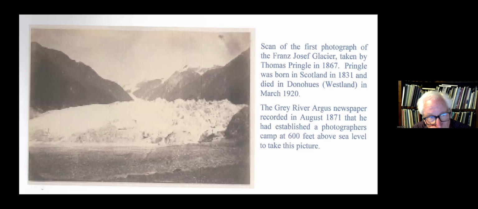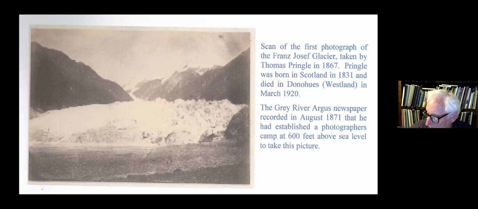This is the first view of the Franz Josef Glacier, and it is a scan. Now, you're not supposed to do scans of full size, just as you're not supposed to do that sort of thing in organized philately. But I've labeled it as a scan. There's a bit of a tendency in some places in Australia to have a scan and make it a postcard size without necessarily labeling it as a scan.